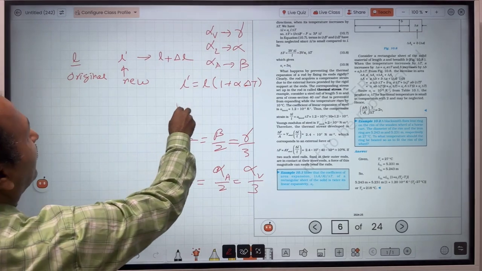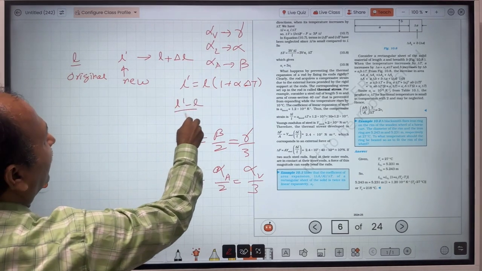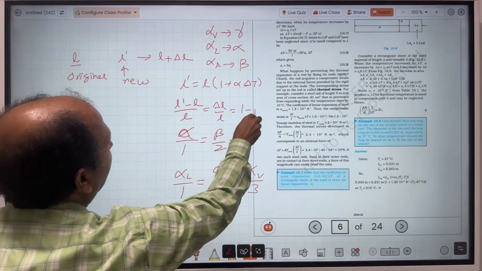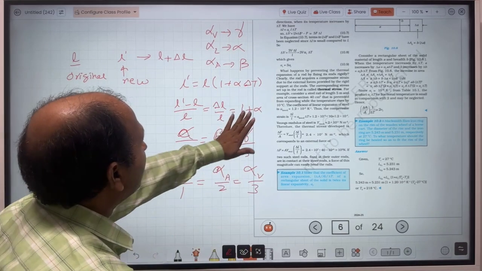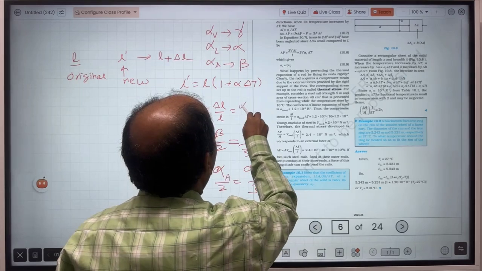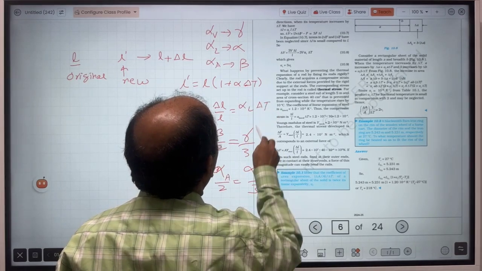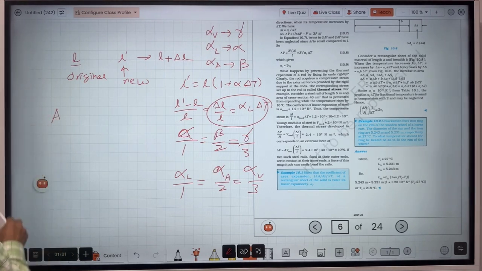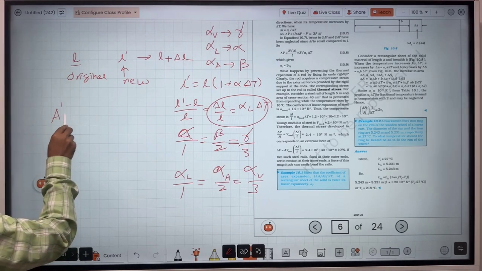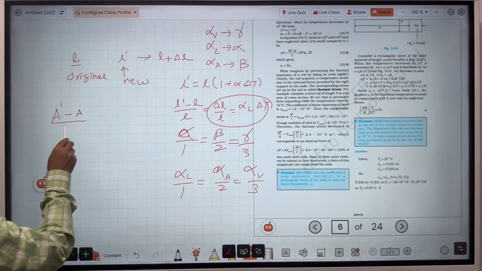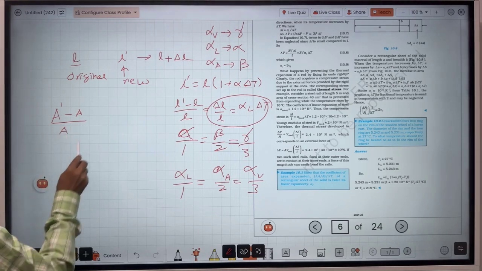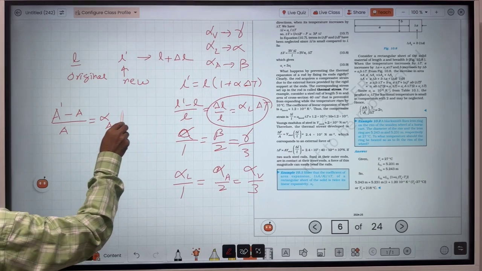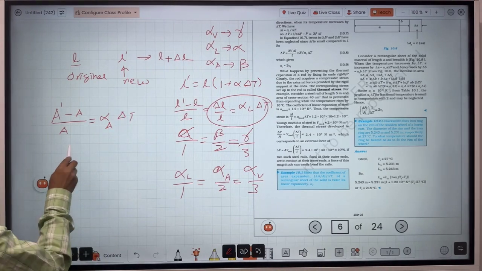So from here if you write L dash minus L divided by L, that is delta L divided by L, you will get 1 plus alpha, sorry, 1 will not be there, then you will get alpha L delta T, right? Similarly if you consider area, suppose A dash is the new area, A dash minus A divided by A, you will get alpha A and then delta T, right?